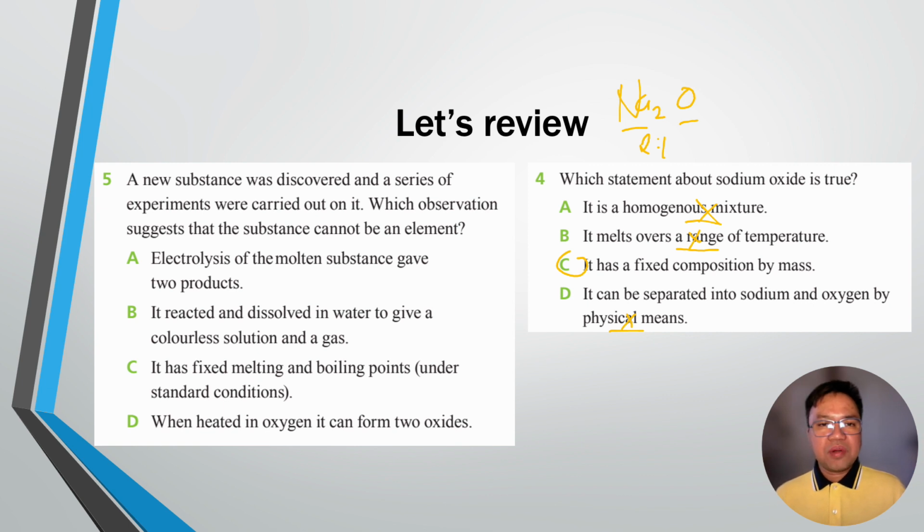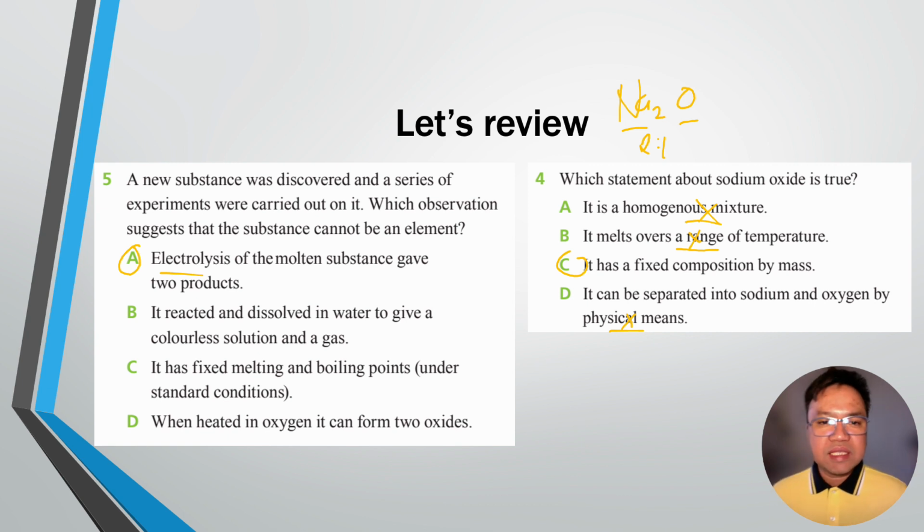For the second problem, the statement that suggested the substance cannot be an element is letter A. This is because elements are pure substances that consist of only one type of atom and cannot be broken down into simpler substances by chemical reactions, including electrolysis.